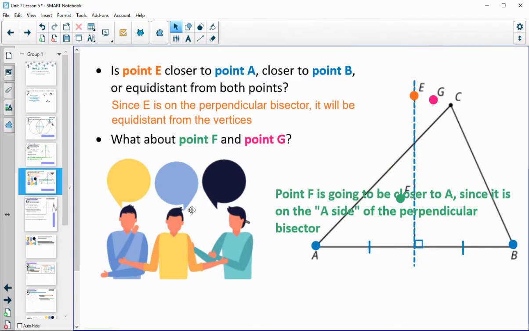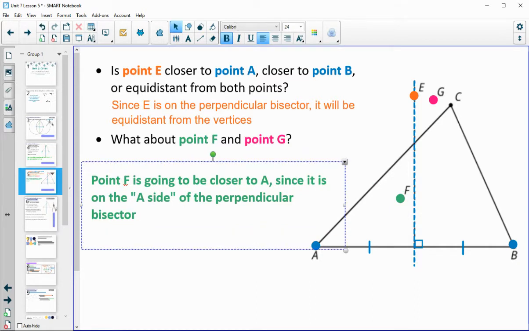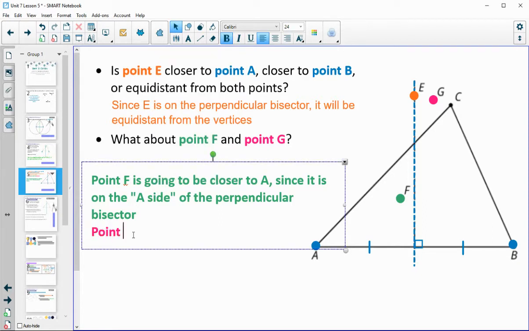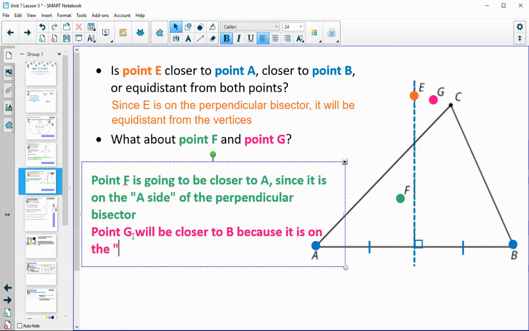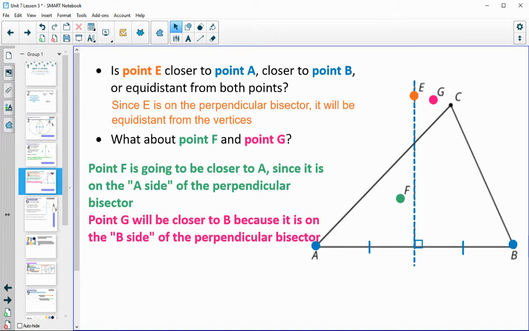And point G will be closer to B because it is on the B side of the perpendicular bisector. If it's on the perpendicular bisector, it is equidistant to the endpoints of the segment being bisected. If it's not on the bisector, whichever side it's on, it will be closer to that vertex.